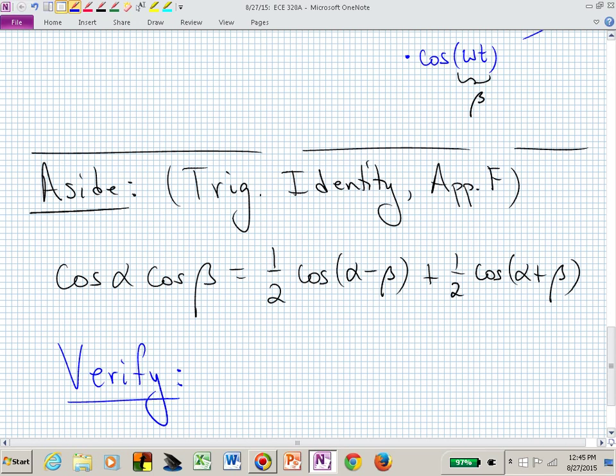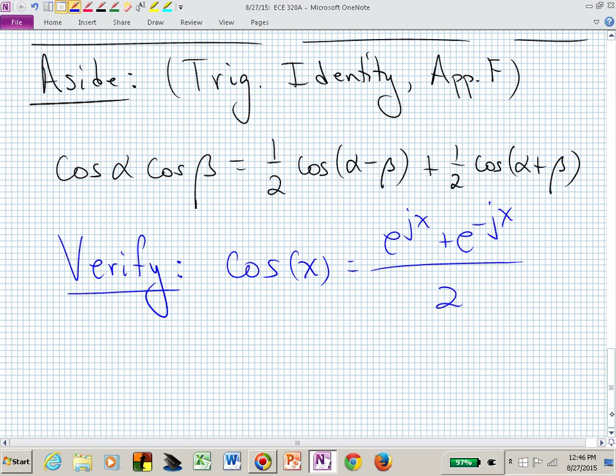Do you remember Euler's formula? Cosine of x is e to the jx plus e to the minus jx over 2. You can use that with alpha and beta and verify that, oh, I just have to do some multiplication and I've now proved a trig identity. I'm not going to do that now. I will let you enjoy that this evening.